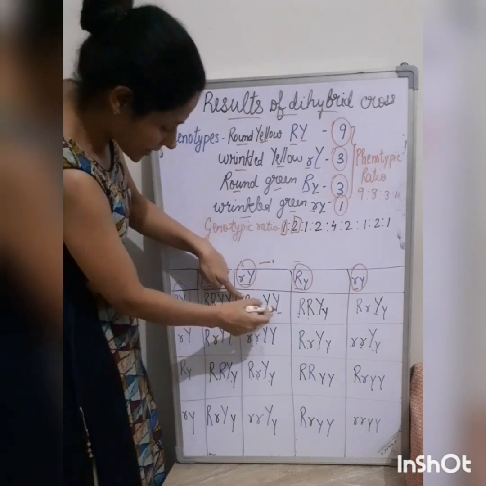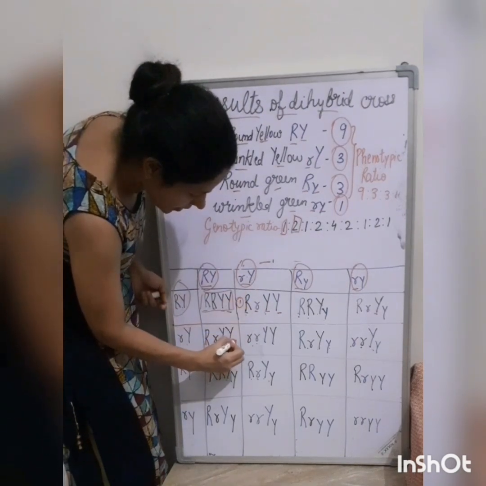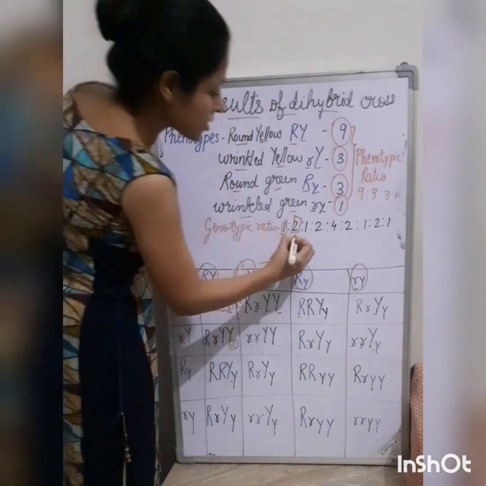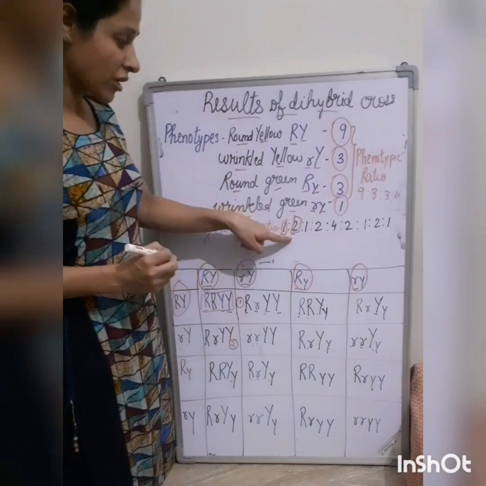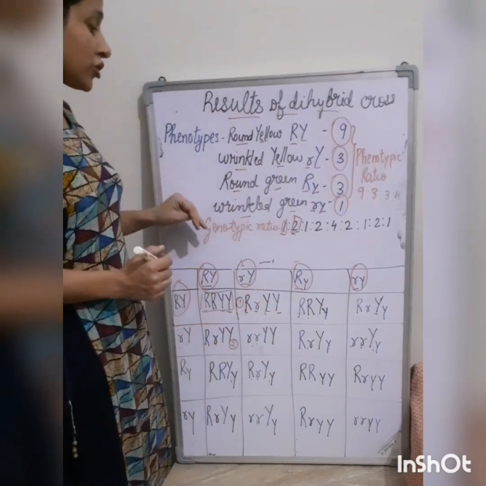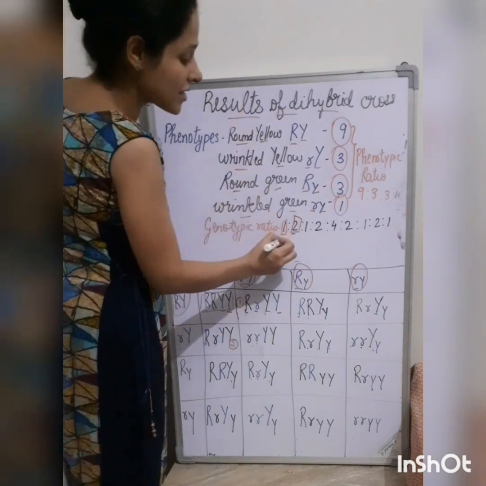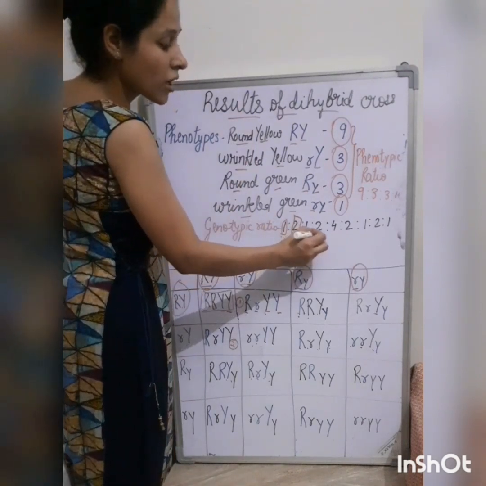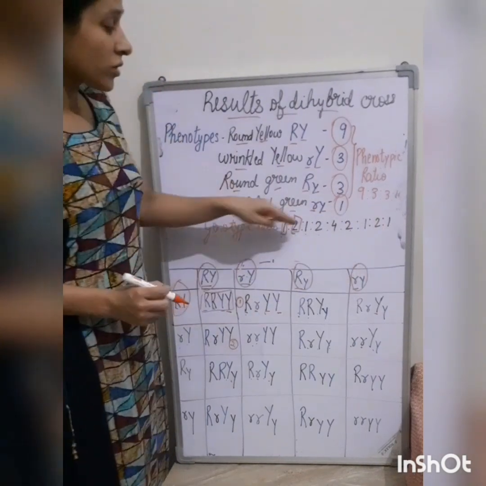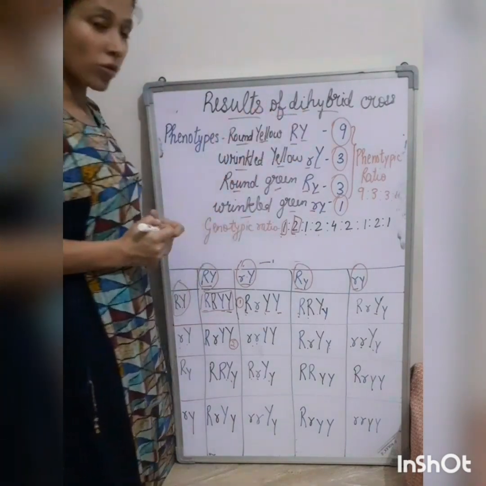Same alleles should be counted, so here one is here and second is here. So these are the 2 similar genotypes, so we are giving them a ratio of 2. Similarly, you can find out for all the alleles, and the genotypic ratio that is obtained for the dihybrid cross is 1:2:1, 2:4:2, 1:2:1. So this complete is the genotypic ratio for the dihybrid cross.